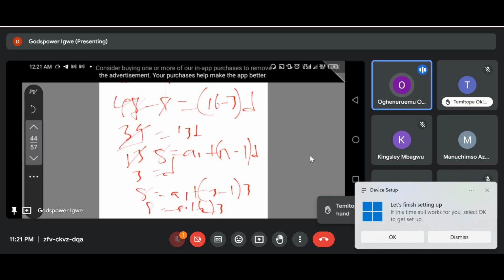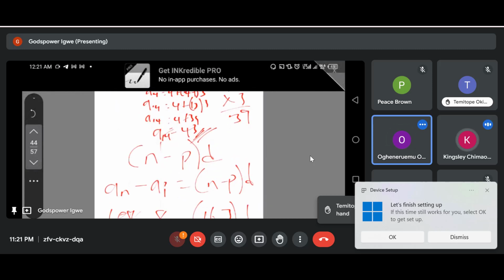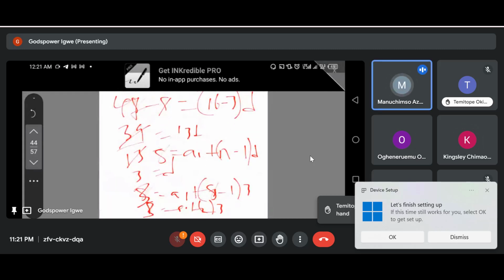Sorry, why is it 3 minus 1? Is it not supposed to be 8 minus 1? We chose the third term. The third term is 8. I'm a bit confused. Like the third term, so like 3.